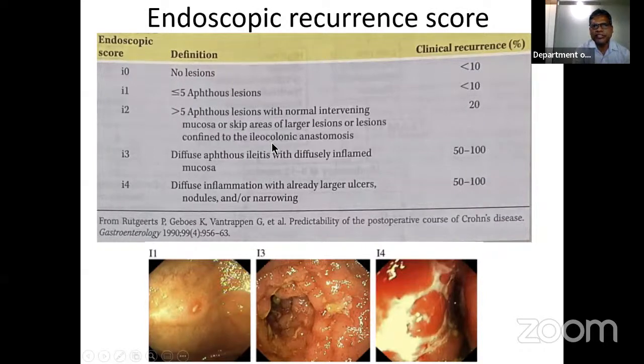I2 is more than 5 lesions, which approximately corresponds to 20% clinical recurrence. I3 is diffuse aphthous ileitis with diffusely inflamed mucosa, which is seen in this picture, and corresponds to a clinical recurrence rate of 50 to 100%. While I4 is diffuse inflammation with already large ulcers, nodules, or narrowing, which corresponds with this picture, and corresponds to 50 to 100% clinical recurrence.